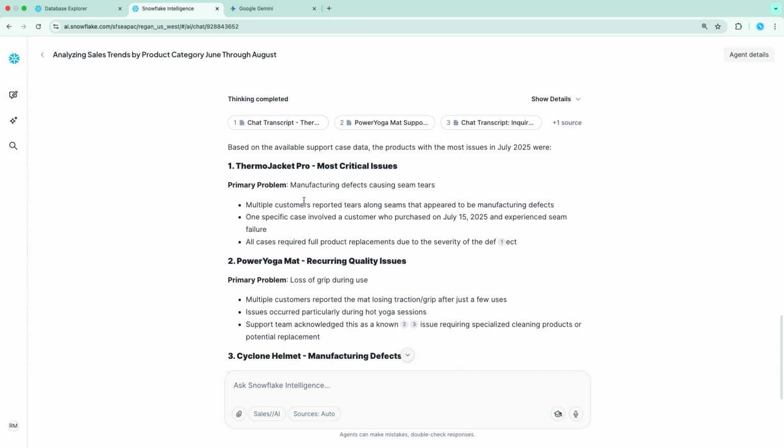It says that there was a primary problem that it's seen across a lot of these incidents, which is a manufacturing defect that is causing some seam tears. It says multiple customers have reported this, and it says here all of these cases have required a full product replacement. So this is probably something you want to look into. Have a look at the manufacturing, have a look at the sourcing, perhaps do something to fix this product.